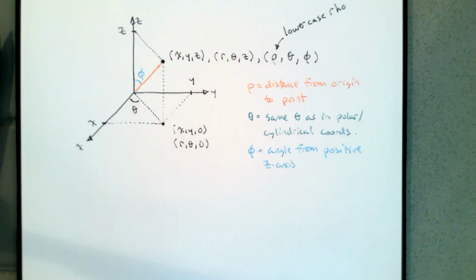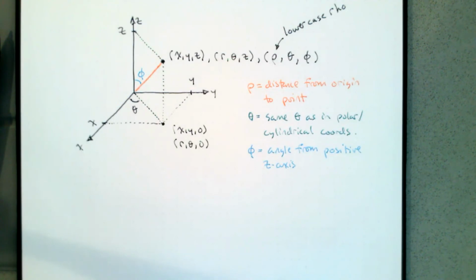Once we see where rho, theta, and phi are, then we just have to get used to not necessarily converting from one to the other, but thinking in these different coordinate systems.